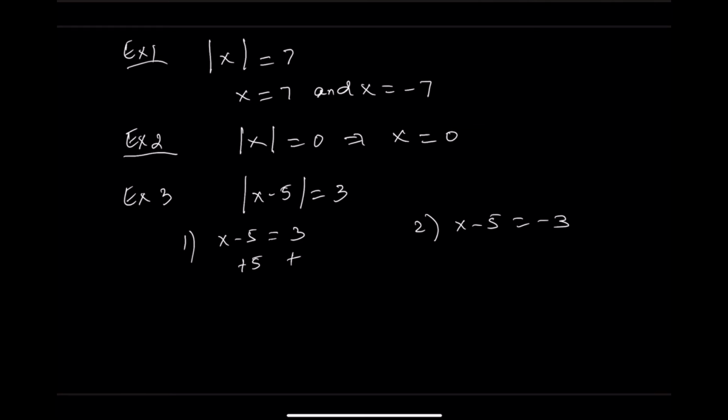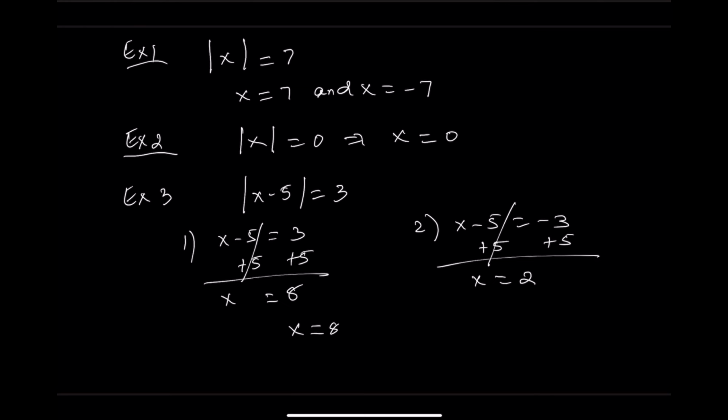Add 5 to both sides. X equals 8. X minus 5 equals -3. Add 5 to both sides. X equals 2. So the answer is x equals 8 or x equals 2.